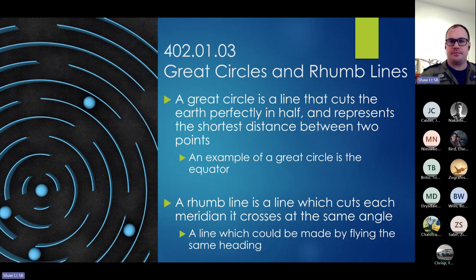A rhumb line, conversely, is a line which cuts each meridian it crosses at the same angle. So a line which could be made by flying the same heading. Where this gets complicated is, if we were to fly the same heading, we're not going to fly straight across the Earth. It's going to make a big almost zigzag pattern, really.